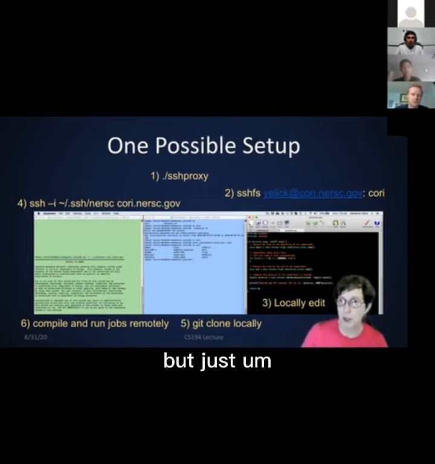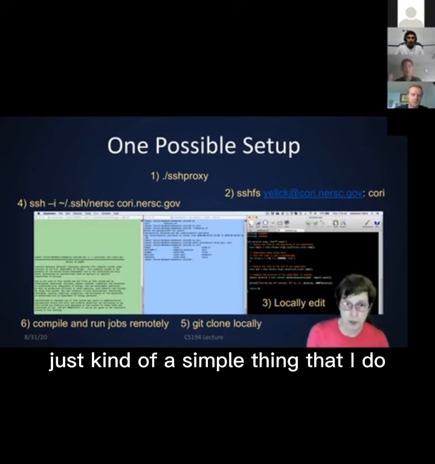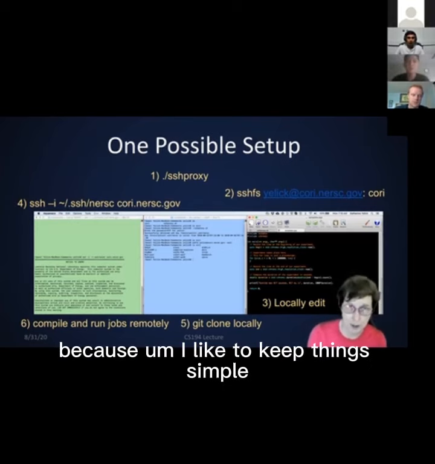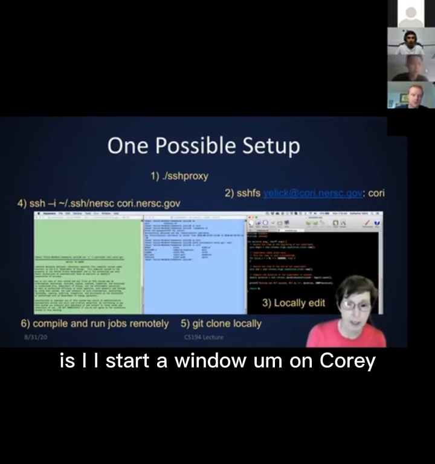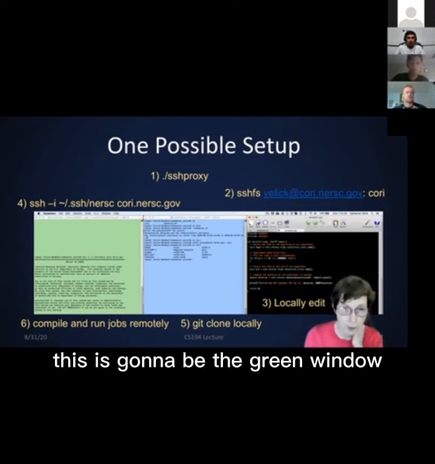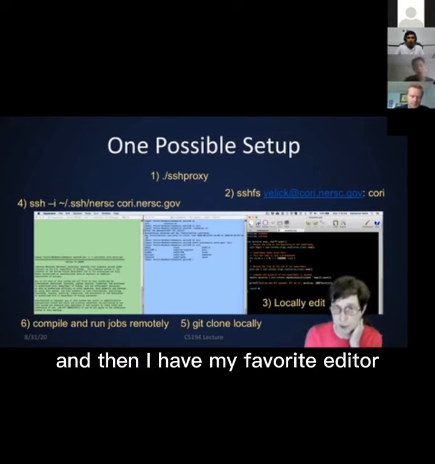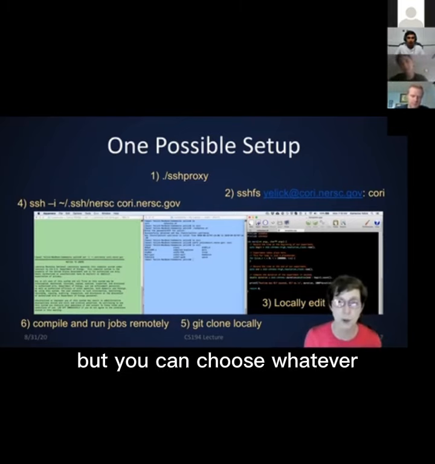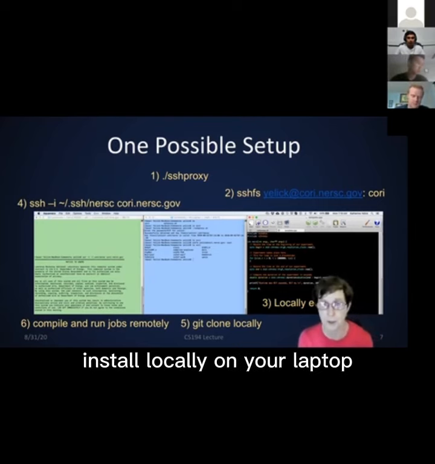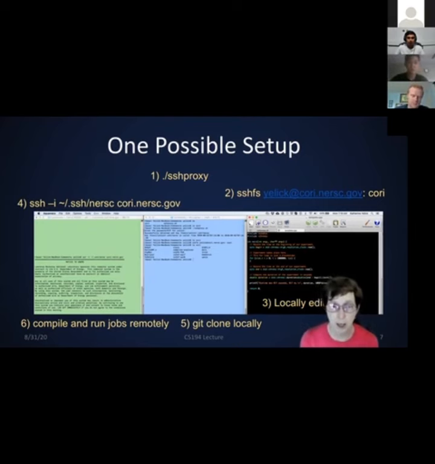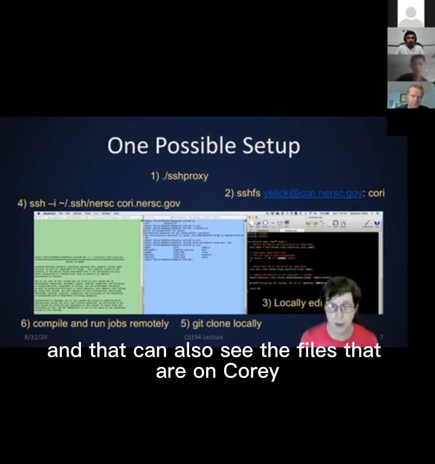But just a simple thing that I do, because I like to keep things simple, is I start a window on Cori. This is going to be the green window, and I have another window on my laptop, and then I have my favorite editor, which in my case is Emacs, but you can choose whatever editor you happen to have installed locally on your laptop, and that can also see the files that are on Cori.